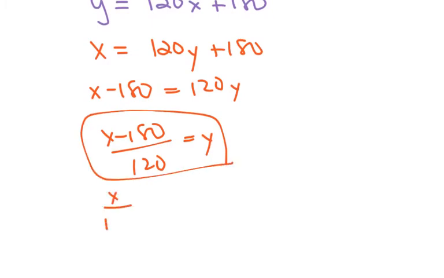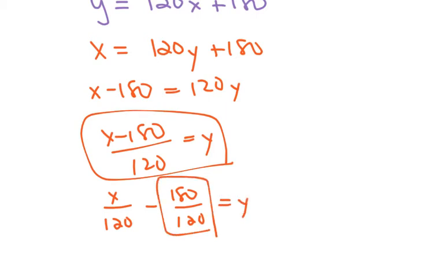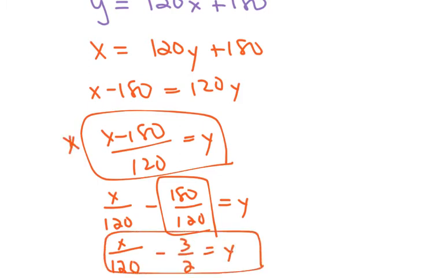Or if you want to do this, you can reduce this fraction. You've got to think for a second what it would be. 3 over 2, I guess it would be. So it would be x over 120 minus 3 over 2. Either equation's fine, but I will take that one.